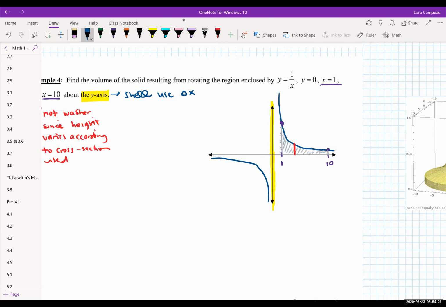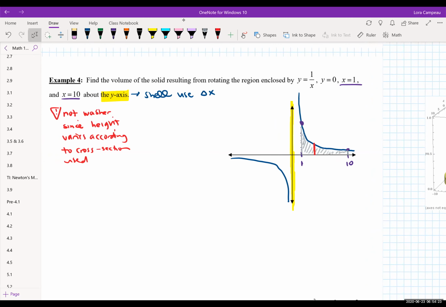Let's draw this just to make sure we're okay. What I like to do is keep the idea of where the point is, so I'll draw the point on the curve. The point is always x, y, you know that.